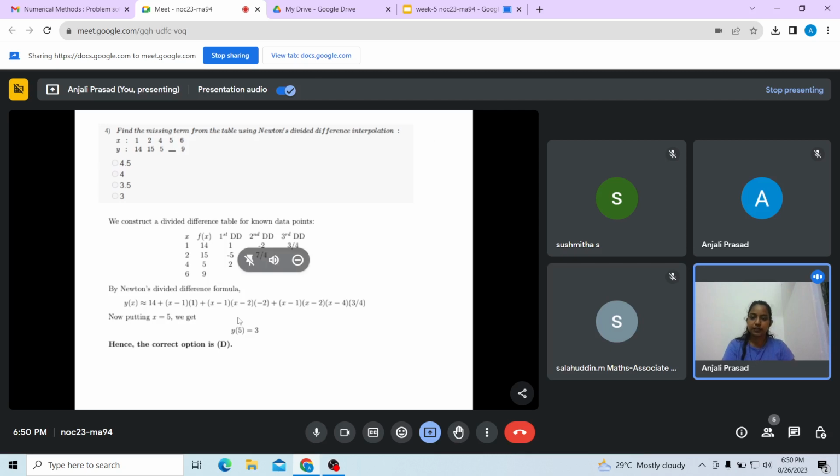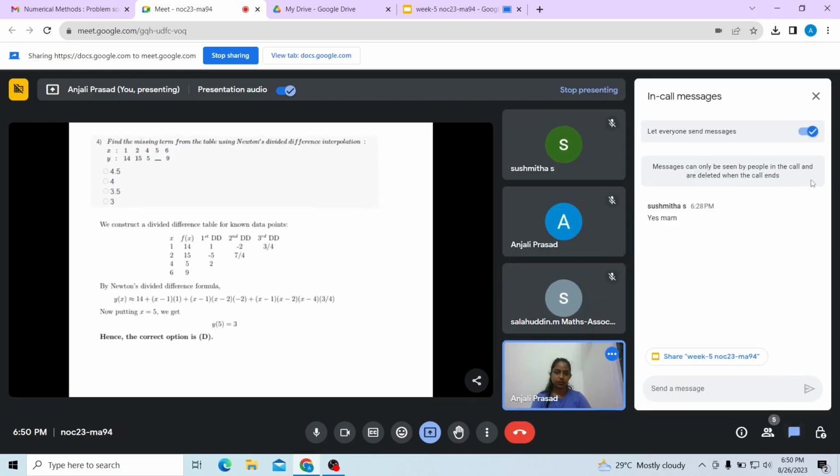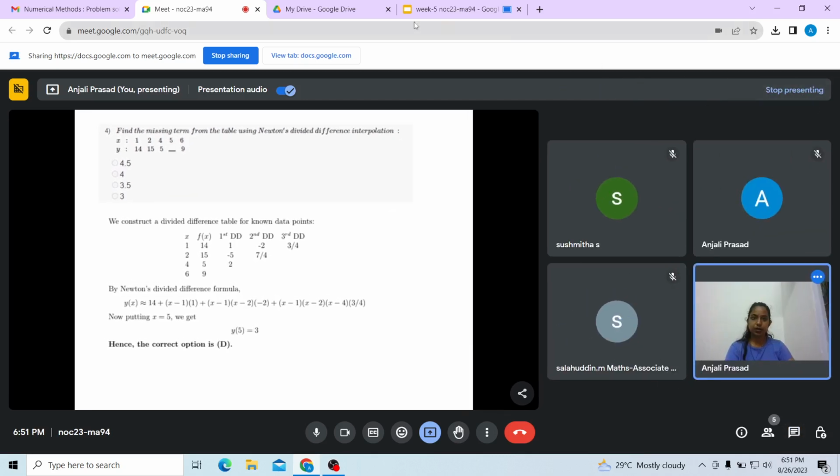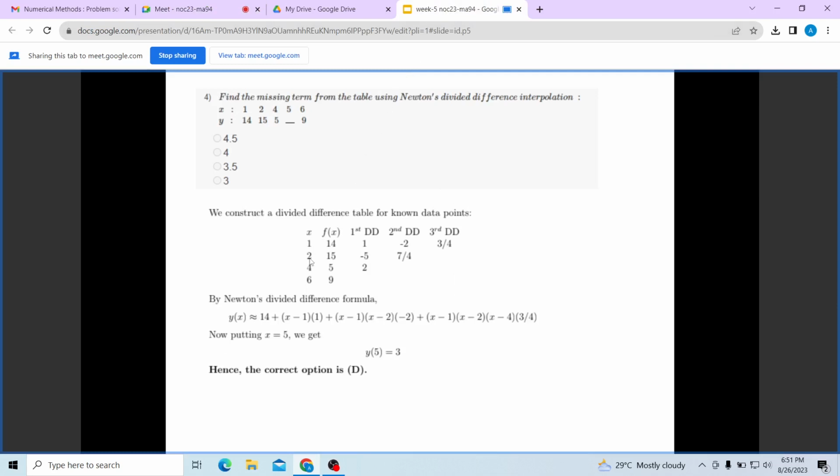Just follow the procedure, find the divided difference table and substitute the values in the Newton divided difference formula. And if you are given to interpolate at a particular point, just substitute that point in the formula and you will get the value. Just see, are you getting option D, that is y equals 3? If you have any doubt, tell me.